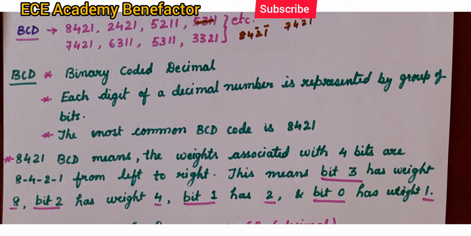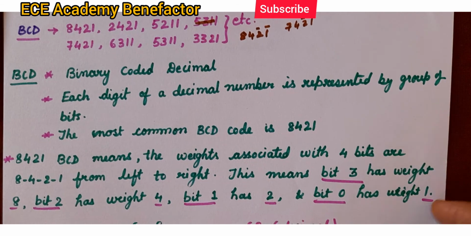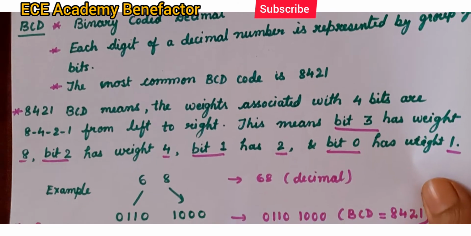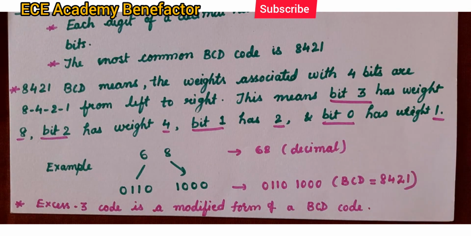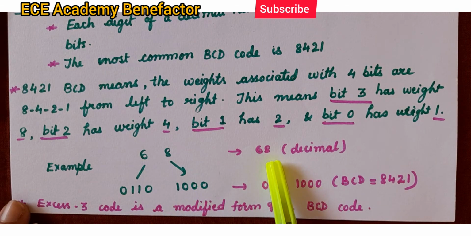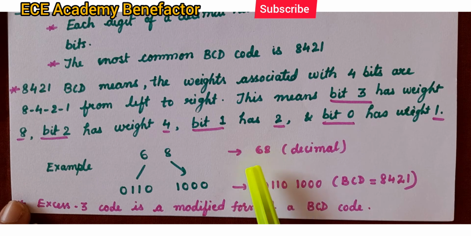Okay, so let us see how to write a BCD number for a given decimal number. The given decimal number is 68. So how to represent a BCD number now? Each digit in a decimal number is represented by a weighted code.